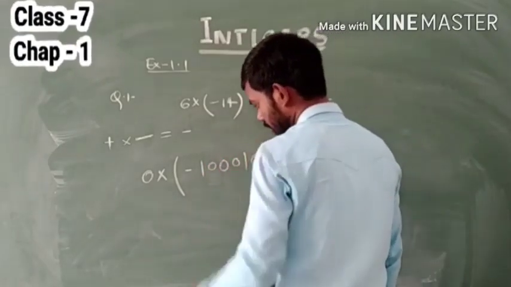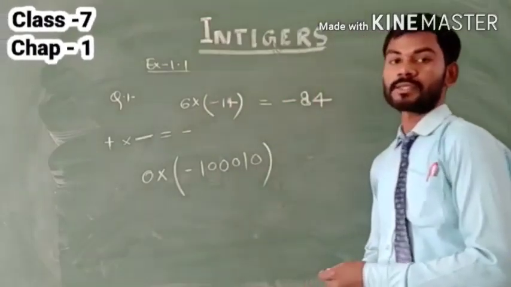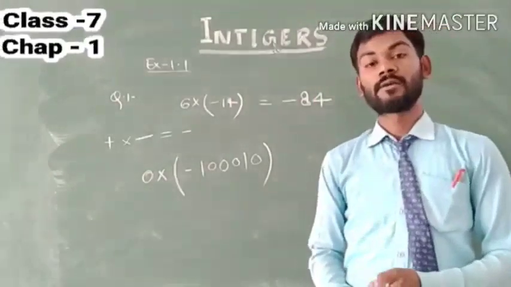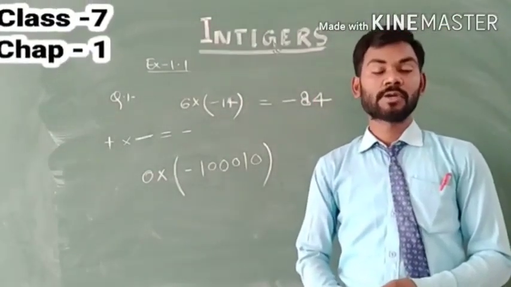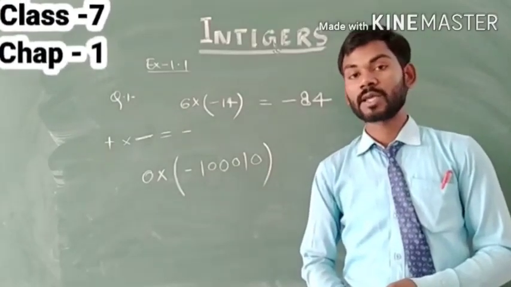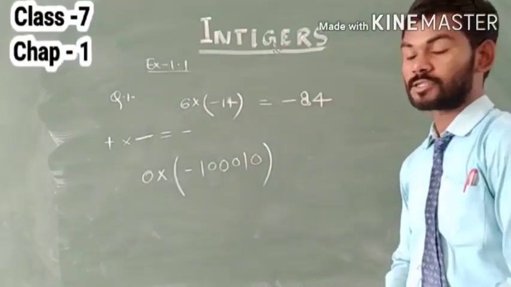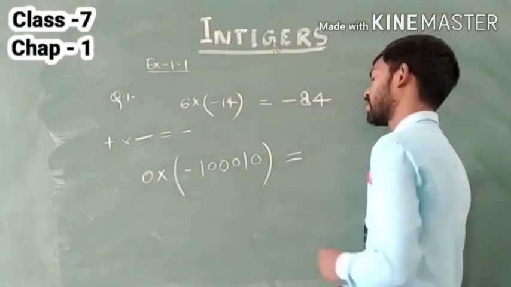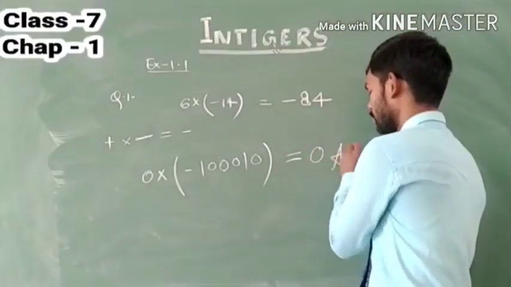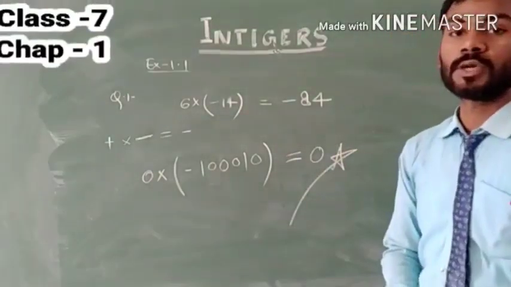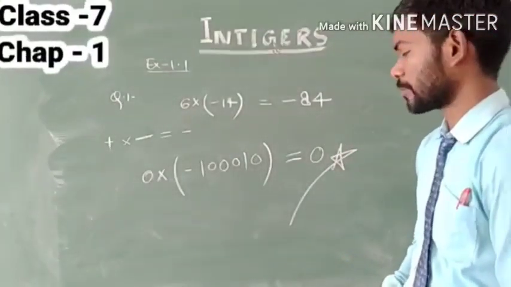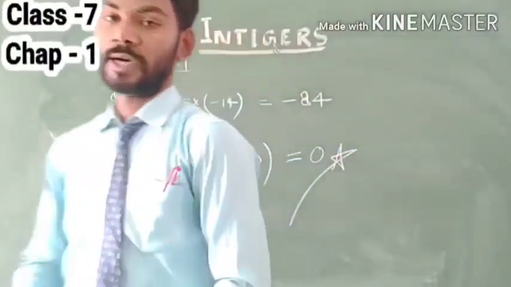As I told you, when a non-zero number is multiplied by 0, we always get the result 0. So here we get the result 0. Therefore, 0 is the right answer.